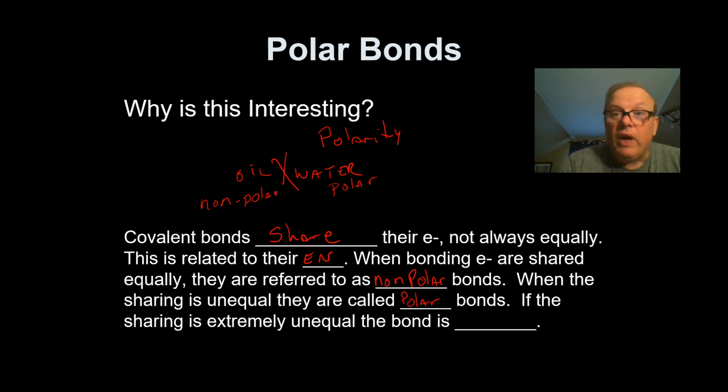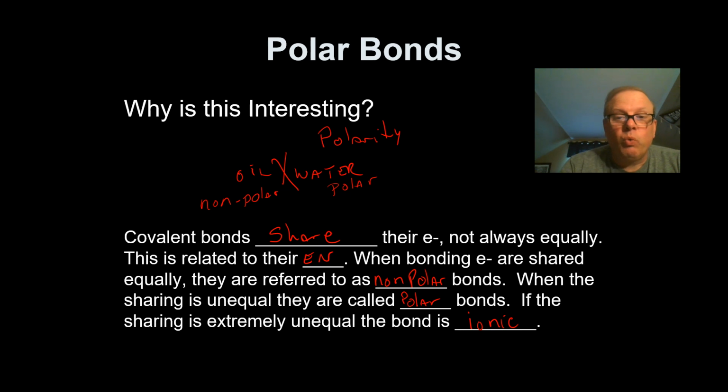And I'm going to give you some values for this. If the sharing is extremely unequal, in other words, it's really not sharing at all, then the bond's going to be ionic. So they're not really sharing the electron, it's being yanked from one thing to another. Okay, so again, why is this polarity interesting? This is explaining to you now why oil and water don't mix, why some things dissolve in water and other things don't.